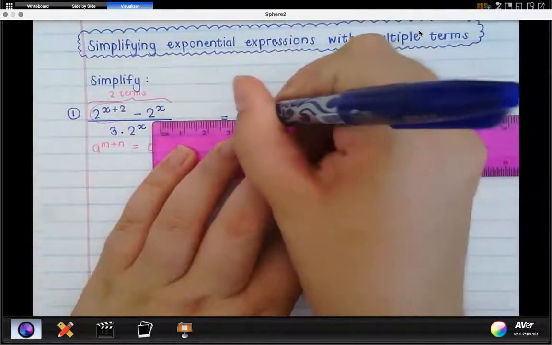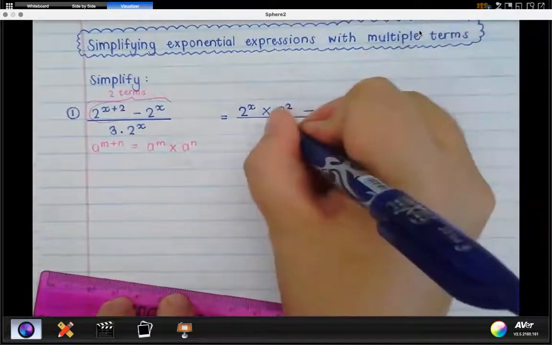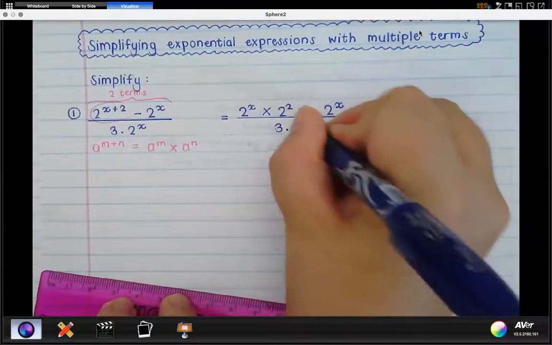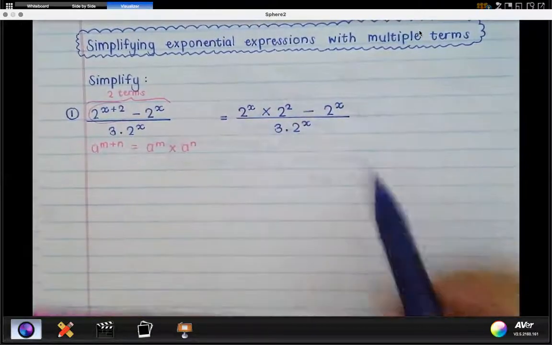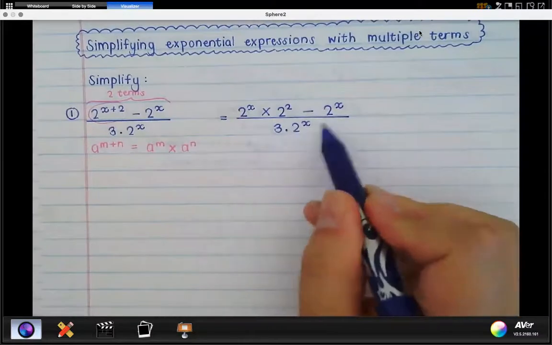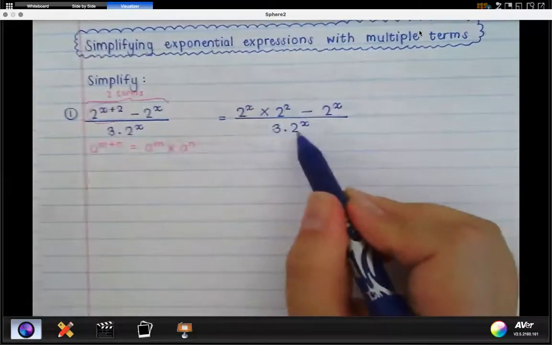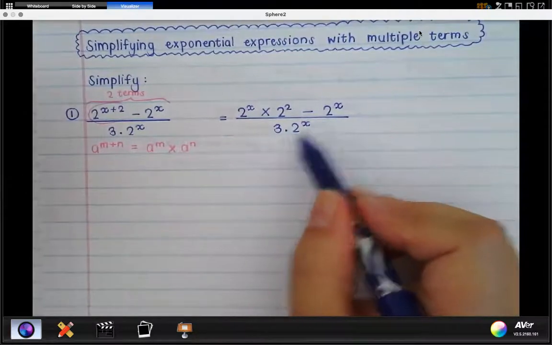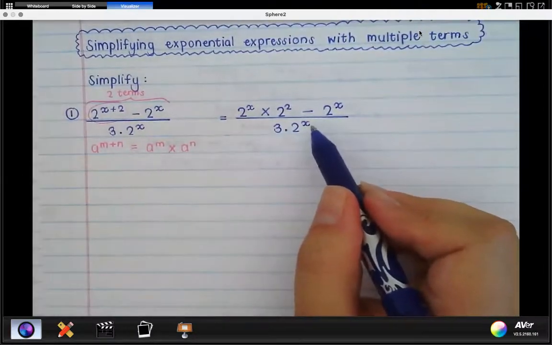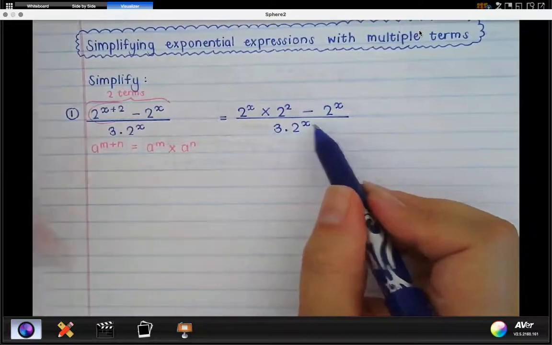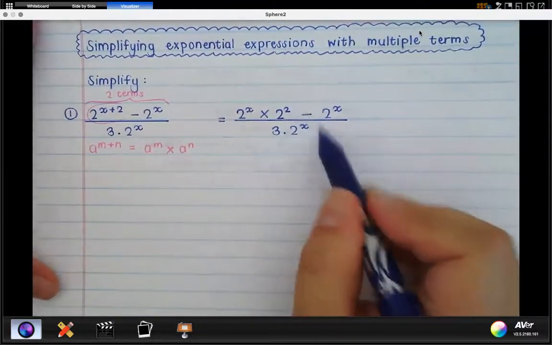But guys, at the bottom, I just want to point out that you can't try and multiply this 3 and this 2 together and say that it's going to give you 6 to the power of x. This is not actually a 2. This is actually a variable, 2 to the x, because if x is 1, if x is 2, if it's 10, it's going to give you different values for this whole thing.